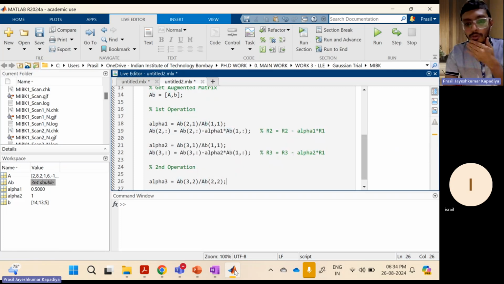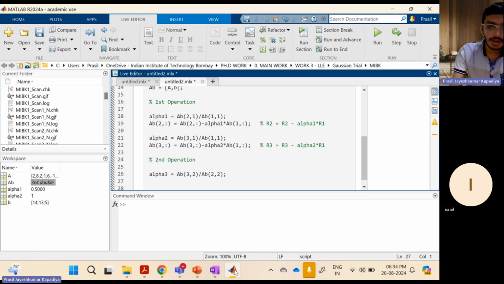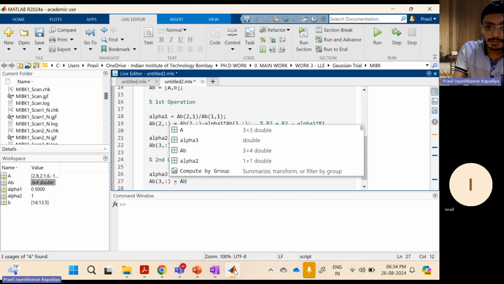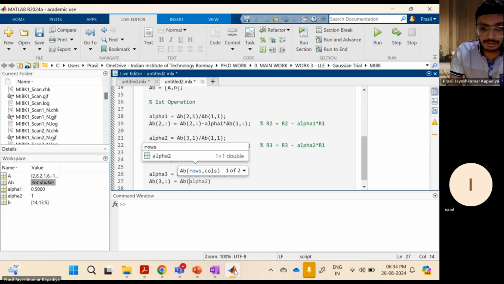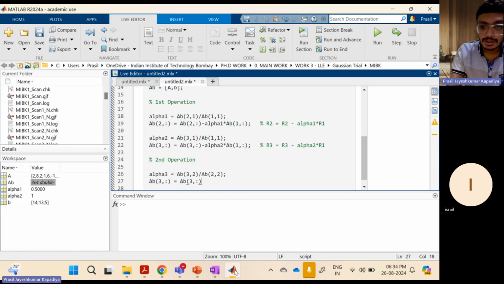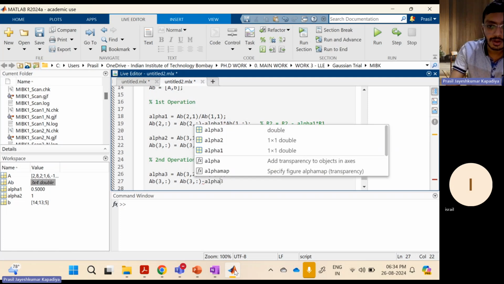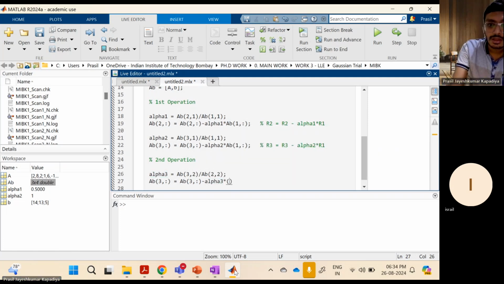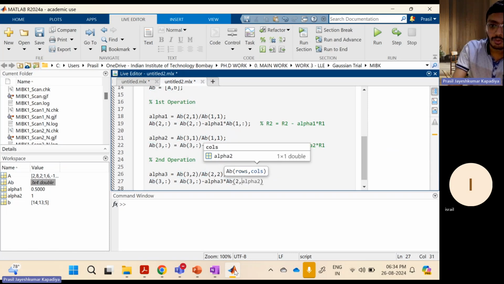This is my new alpha, and my new third row will be equal to the augmented matrix third row, all columns, minus alpha 3 times the augmented matrix second row, all columns.